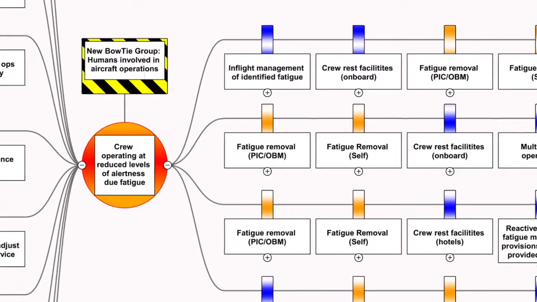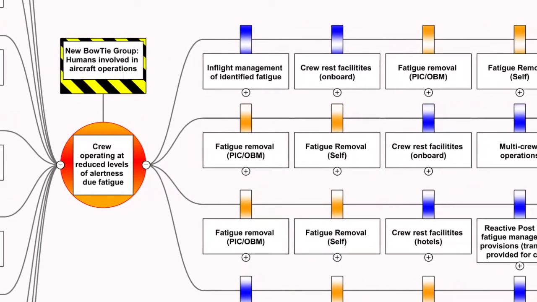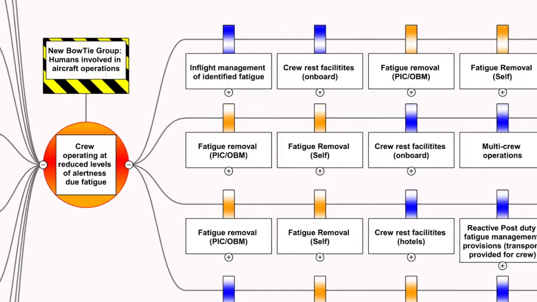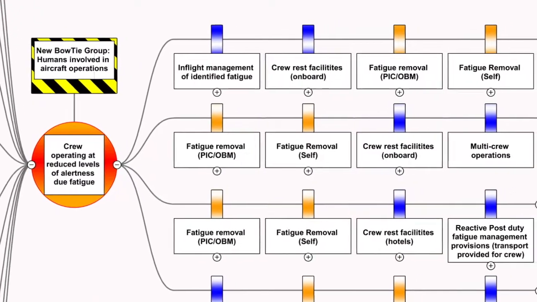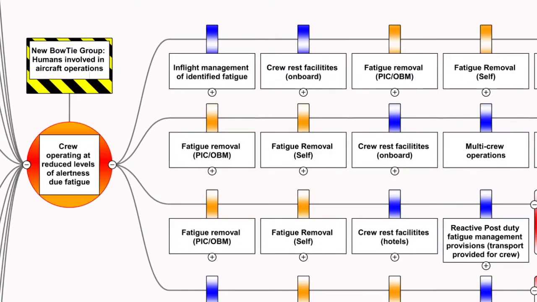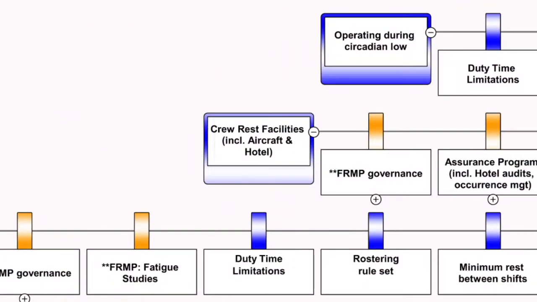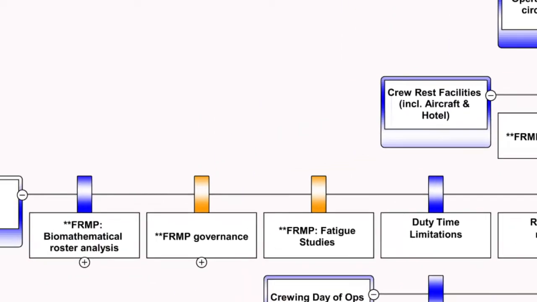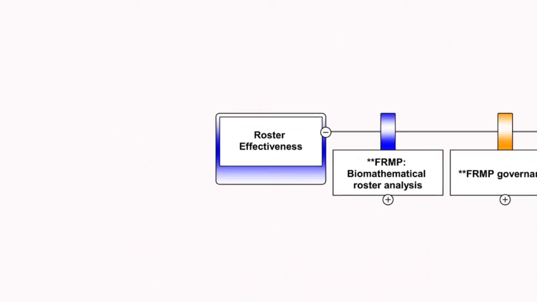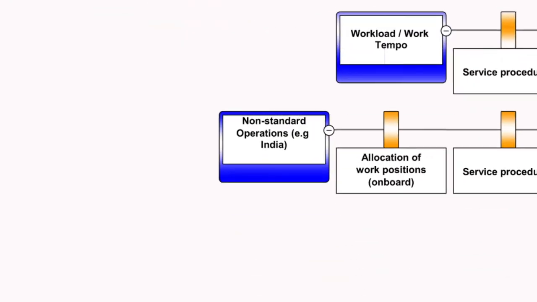The bow tie works by first identifying what has the potential to cause excessive fatigue. Those are our threats in our operating environment. On the left-hand side of the diagram, we can see examples such as interrupted sleep, extended shifts, or even network disruptions. Between those threats and someone actually becoming excessively fatigued, the bow tie details preventative controls that are intended to stop that occurring.